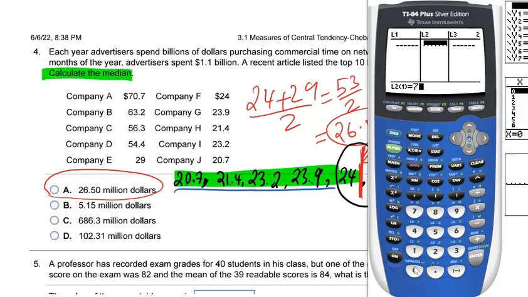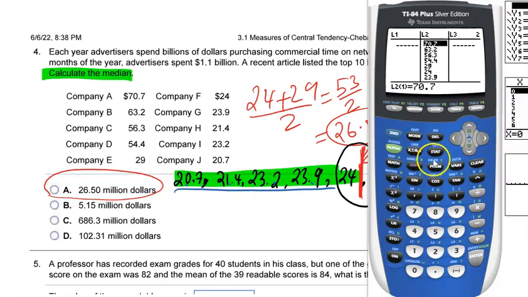Again, you can put it in L1 or L2, it doesn't matter. 70.7, enter, 63.2, enter. Let me pause the video and be back again. Okay, I put this data in L2 this time, and let's find the median.